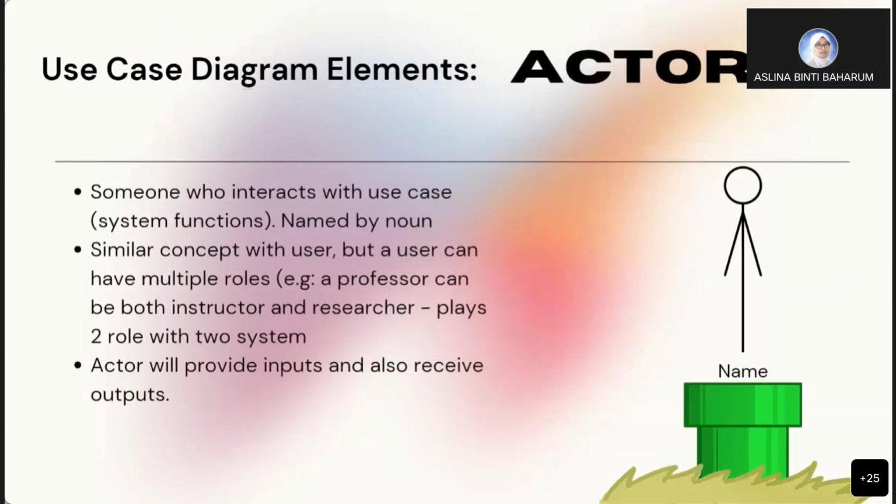Actors are those who interact with use cases, or in reality, a system function, and are given a name by noun. They have a similar concept with user, but a user can have multiple roles. For example, a professor can be both instructor and researcher, which plays two roles with two systems. Actors are also responsible for providing inputs and receiving outputs.